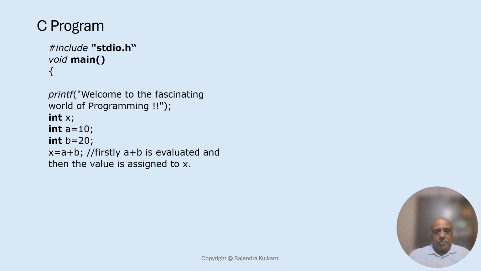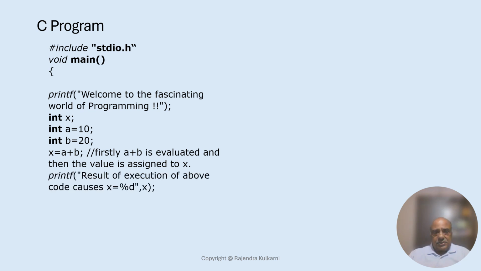In C, whatever expression is on the right side of the equal to symbol gets evaluated first, and the evaluation result is assigned to the variable on the left of the equal to symbol, which is called the assignment operator in C.